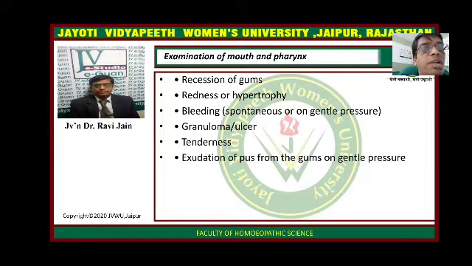You also have to check for exudation of pus from the gums on gentle pressure. So you have to check for the recession of the gums, redness or hypertrophy in the gums, and the bleeding from the gums. It is most common in pyorrhea. Granuloma or ulcer, tenderness, and exudation of pus from the gums on gentle pressure.